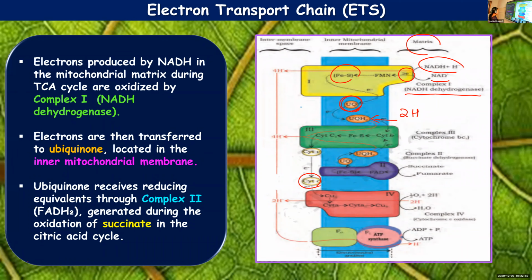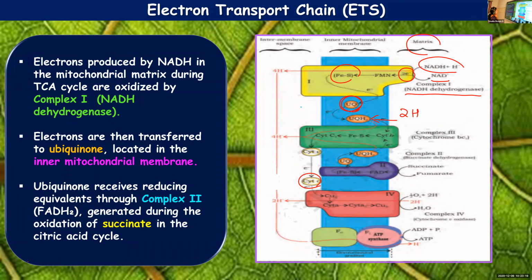So ubiquinone receives these electrons, takes up 2 hydrogen or 2 protons from the matrix and gets reduced to ubiquinol or UQH2.